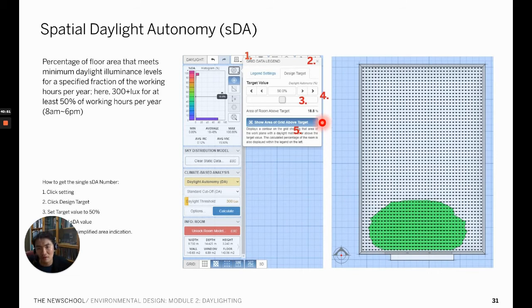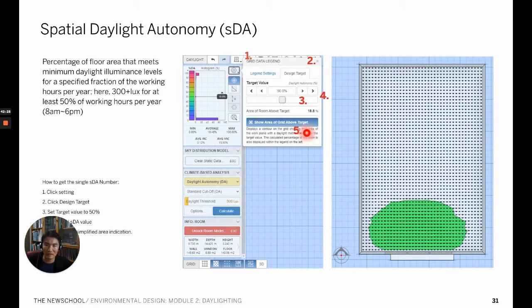And if you look here, you can see that this area, which represents the points where more than 50% of hours achieve more than 300 lux, is only 18.8% of the entire room's area.